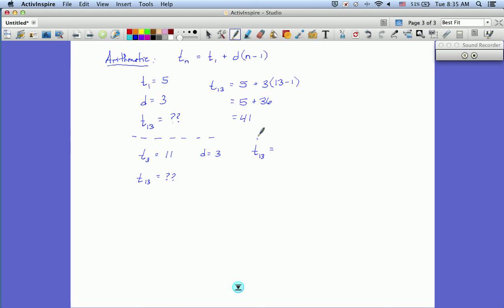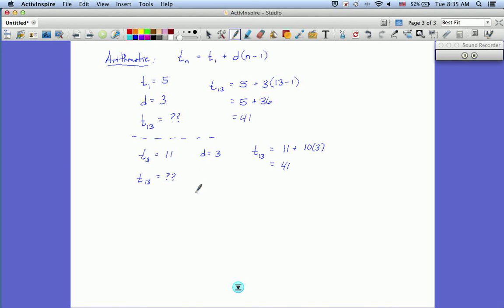The 13th term is going to be the third term plus, how many differences do we need to go from the third to the 13th? 10 differences gives us 41. Notice 1 plus 12 gave us 13, and 3 plus 10 gives us 13. Be careful: we needed 12 from 1, and we're going to need 10 from 3.